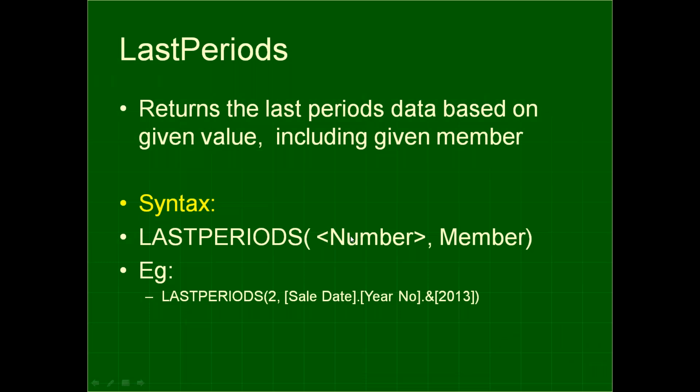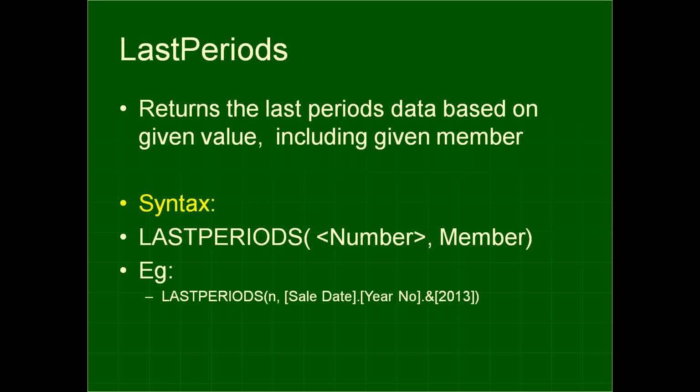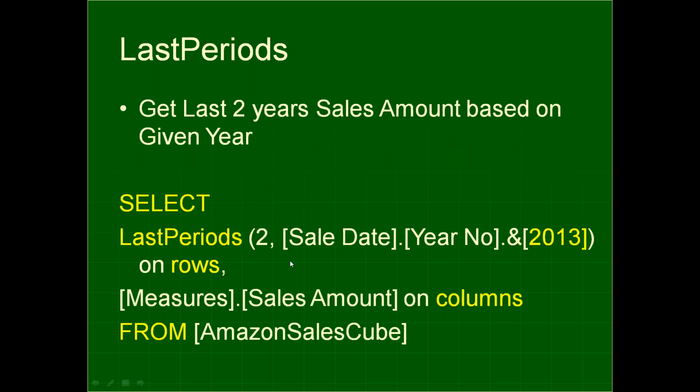So this is pretty easy. You will be able to point to some member, and from there, how many years? One, two, three. It can be anything. So remember, you can have any n number here. It could be n number of periods you can specify. It gets the last years of sales amount based on the given year. So you need to have the year number or the quarter number.